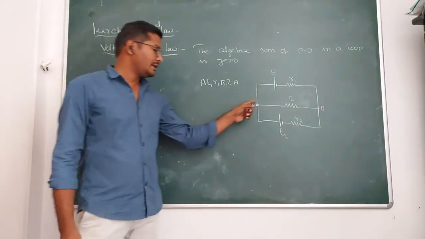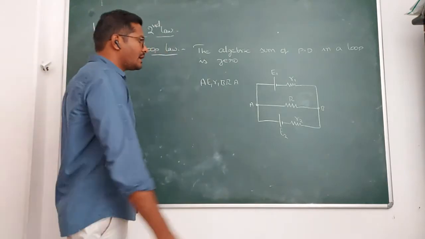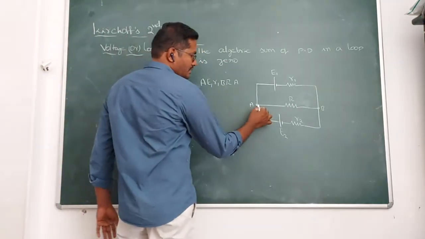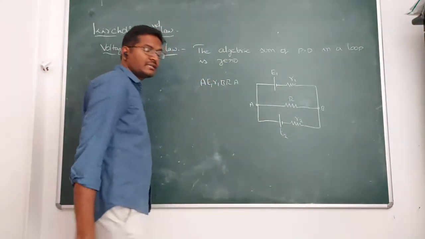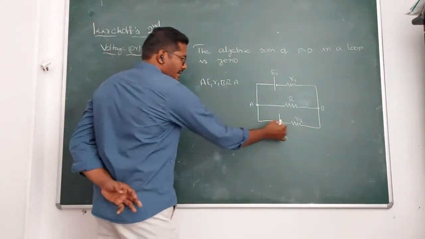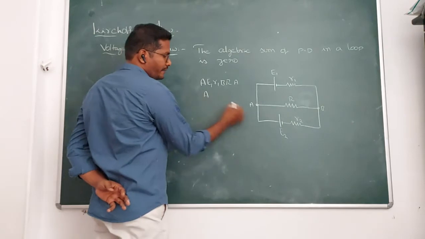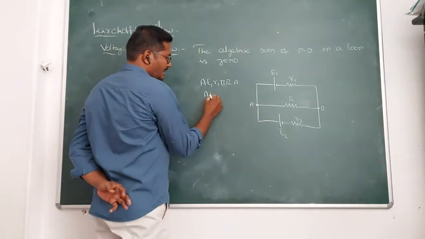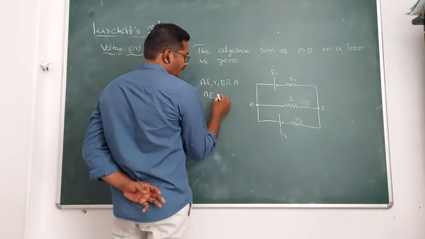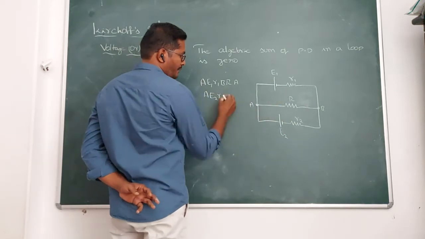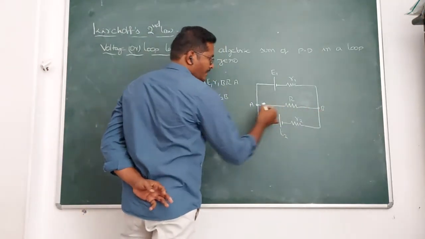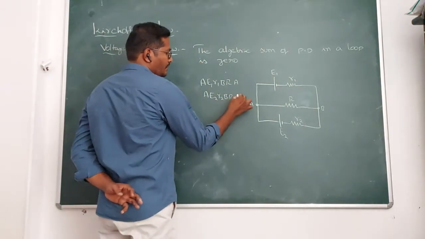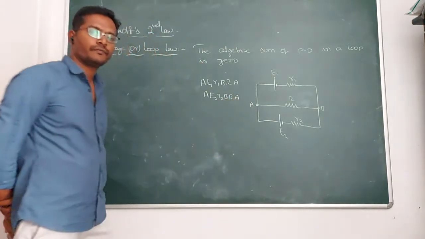That is one loop, and you can consider another loop. You can take either direction. I am taking this direction: another loop is A, moving towards E2 and R2 and B, and then through R you need to end at A.